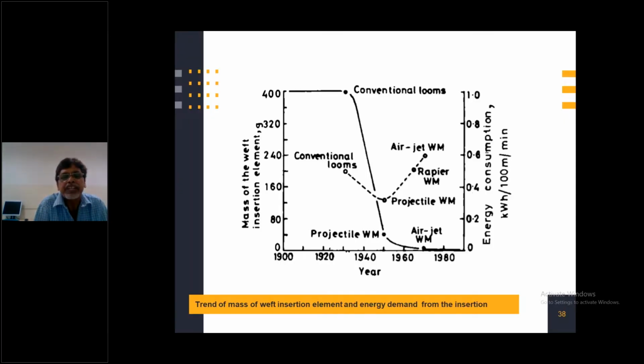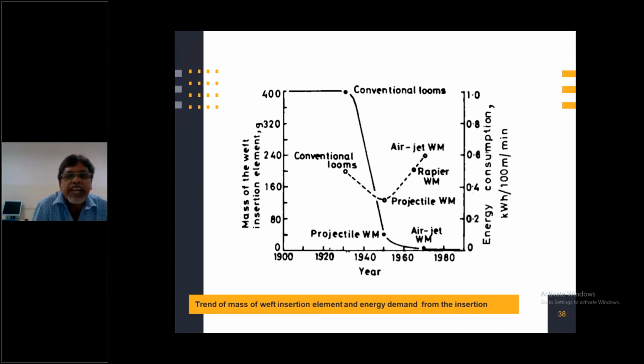So this is an interesting historical diagram from 1900 to the 1980s. On one side we are showing how the mass of the weft material, from certain 400 grams, is now reducing to 40 grams, almost negligible weight. So the mass of the weft insertion carrier is reducing with time and the design of different kinds of machines.